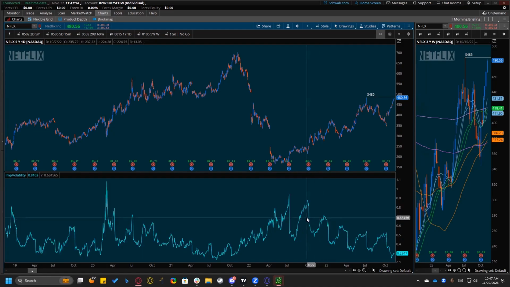So we can start with this just because we can actually see the visual, we can see the crush. But the IV crush really happens in the options chain, not out here where we're looking at a stock chart. It's really easy to confuse volatility with options volatility.